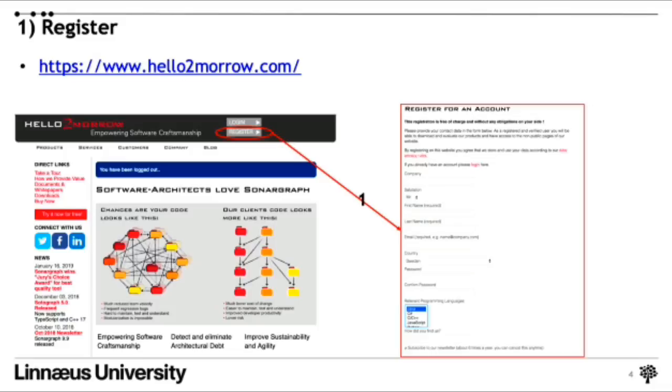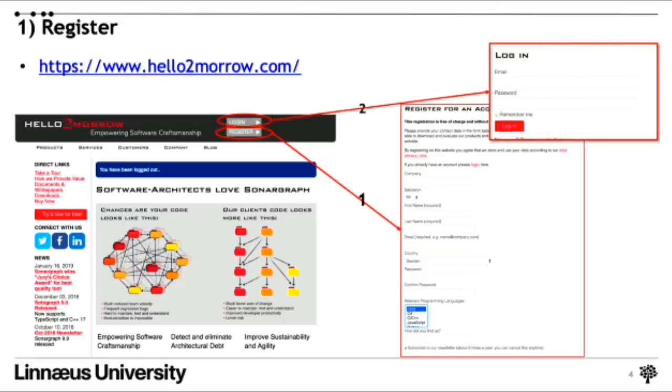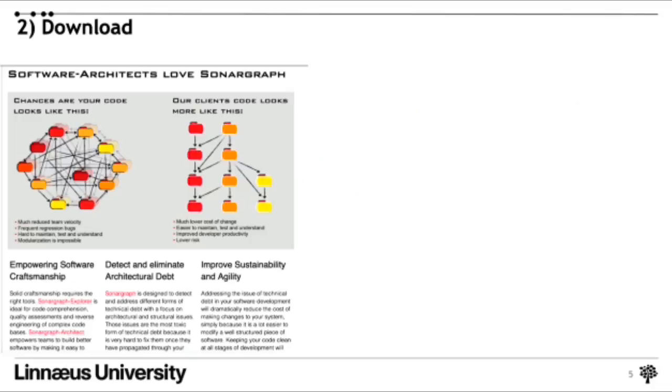Okay. Once you registered, just log in. Okay, that's the second step. When you are logged in, you should face this page. Okay, Software Architects Love SonarGraph. And then you need to click here on this link, which is SonarGraph Explorer.